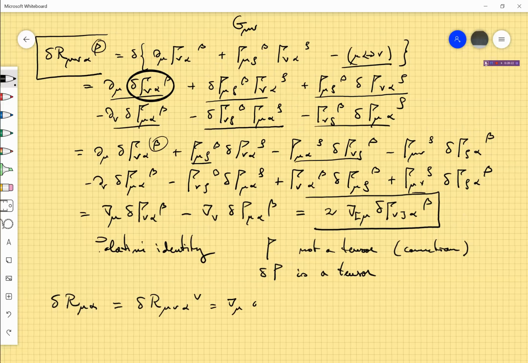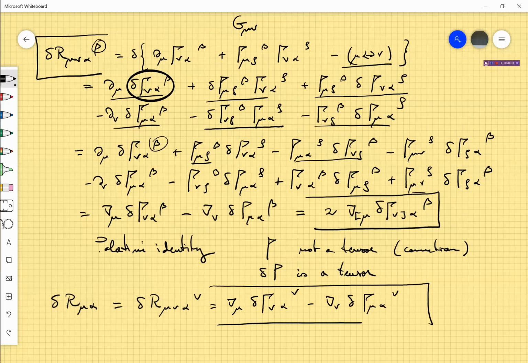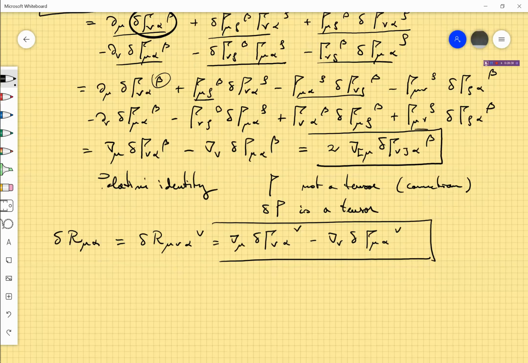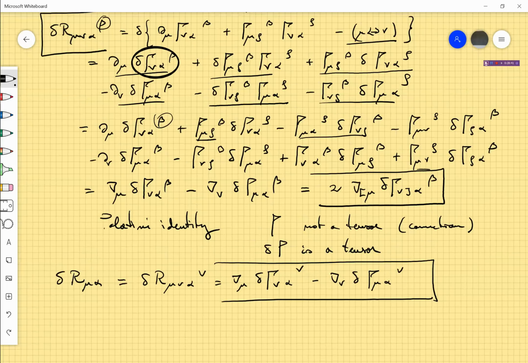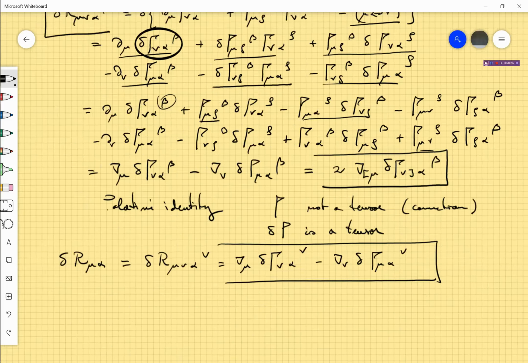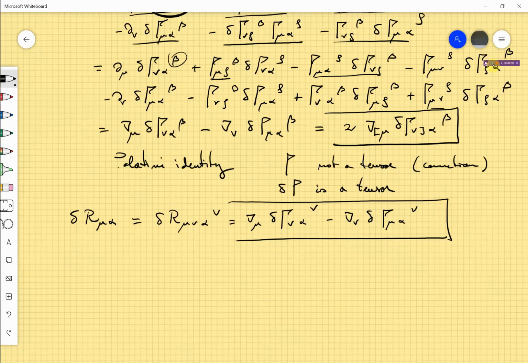So I get nabla mu delta gamma nu alpha nu minus nabla nu delta gamma mu alpha nu, and this is the result we need. Okay, we can just replace this delta R mu nu here, and let me just consider this term.